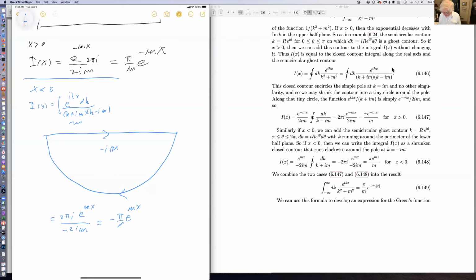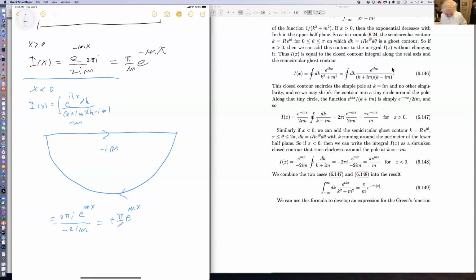And all right, I did something wrong. The integral is clockwise rather than counterclockwise, so we have an extra minus sign here. This means a plus. So for negative x, we get this result.